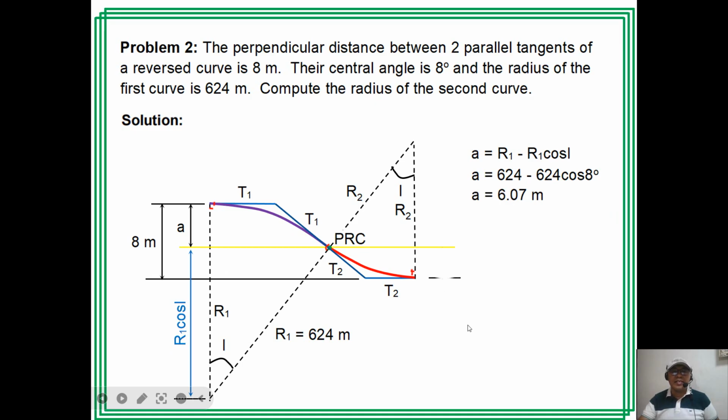Then I can have this distance B. So this distance B is 8 minus A, where A is 6.07, so B is 1.93.